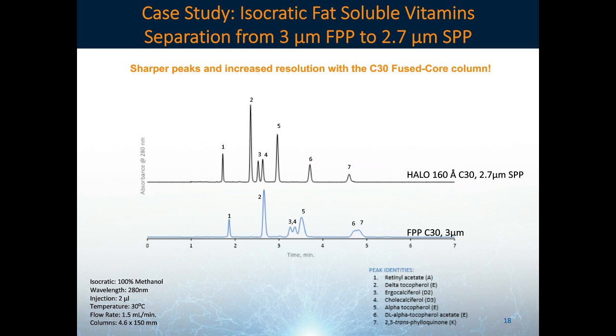So the plates are more than double on peak 2, so you only have 11,400 plates on the FPP column compared to 24,800 plates on the Halo C30 column. In addition, the resolution between peaks 3 and 4 is 1.6 on the Halo column compared to only 0.87 on the FPP column.